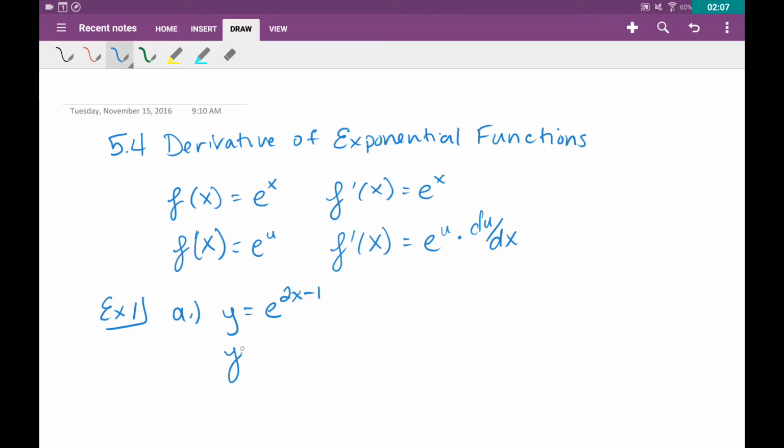So the derivative of y equals, rewrite the whole thing, e to the 2x minus 1, times the derivative of whatever the exponent was. The derivative of 2x minus 1 is just 2, so it's going to be times 2. For the rewriting, I'm just going to do 2 times e to the 2x minus 1, just because it looks prettier. And that's it.